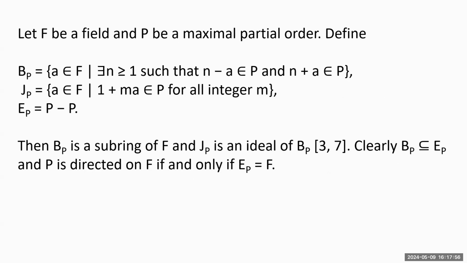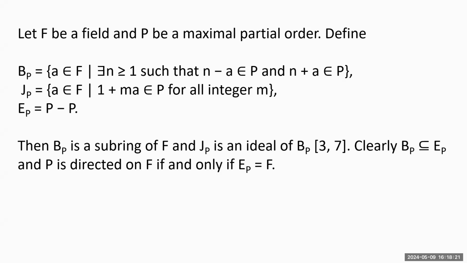So here are a few definitions. Let F be a field, P be a maximal partial order. I'm going to use maximal partial order, while Dubois was using infinite prime. So we define those two sets.